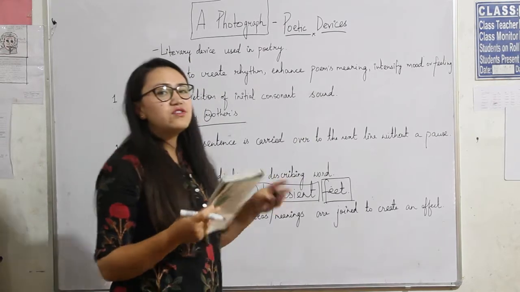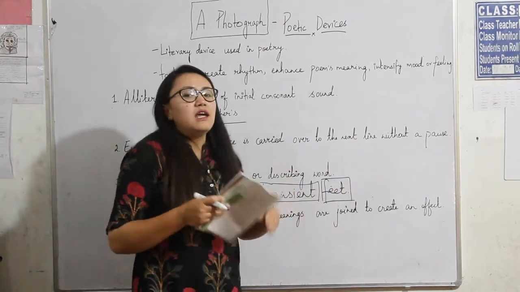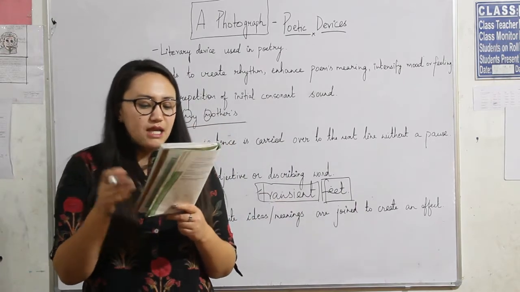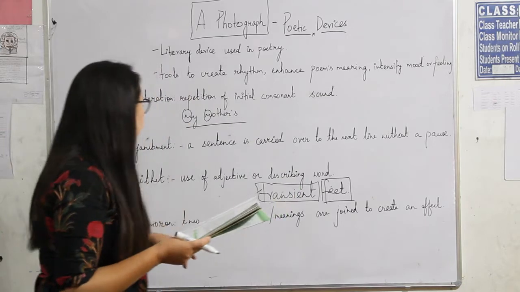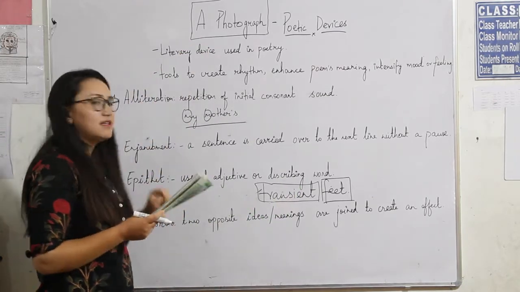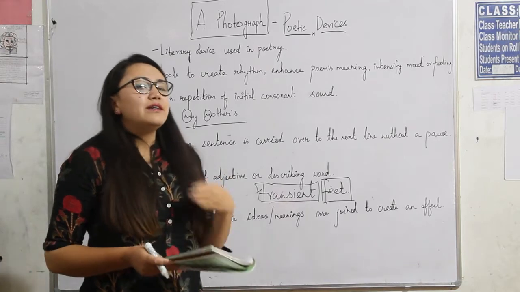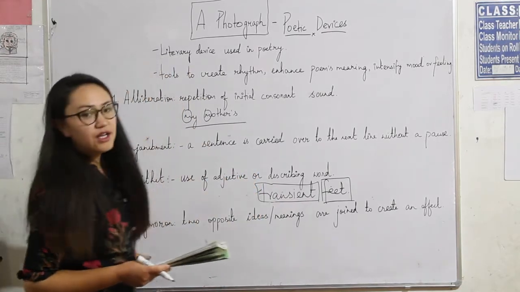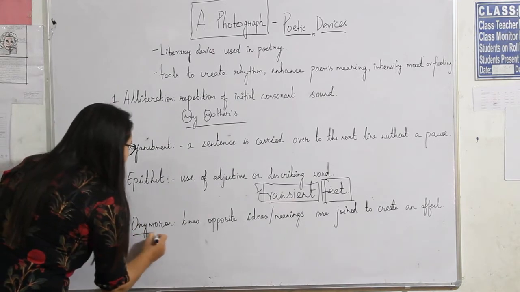You will have to see at the end of the line whether the poet has used any punctuation or not. So enjambment is the first poetic device that you will find in this stanza, and the next poetic device is a new one.